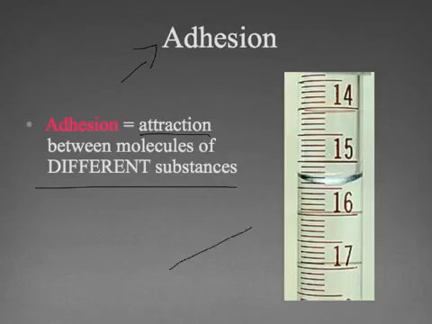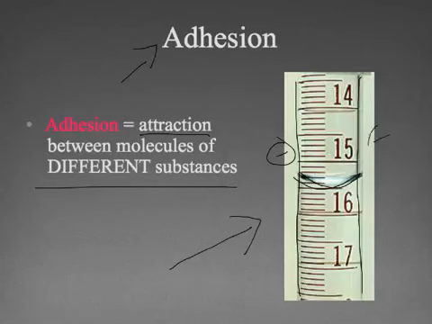So a kind of famous example here is the formation of a meniscus. A meniscus is this little curve here. And what's happening is water is polar, so it has that slightly negative and slightly positive end on the molecule. And for whatever reason, the glass of this graduated cylinder also has a charge. So maybe let's just pretend the glass is negatively charged.